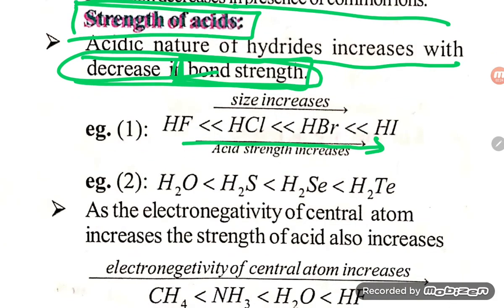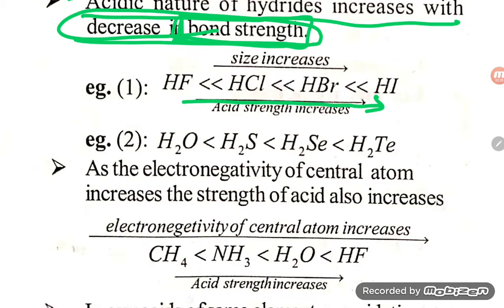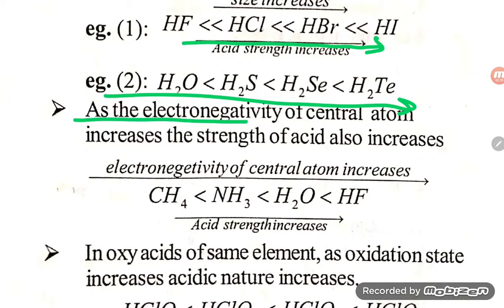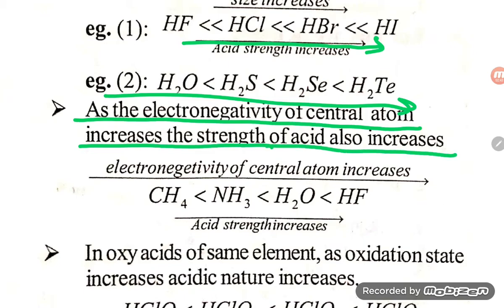For example, H2Te, H2Se, H2S: moving down the group, bond length increases, so bond strength decreases, so acidic strength increases. As the electronegativity of the central atom increases, the strength of the acid also increases.